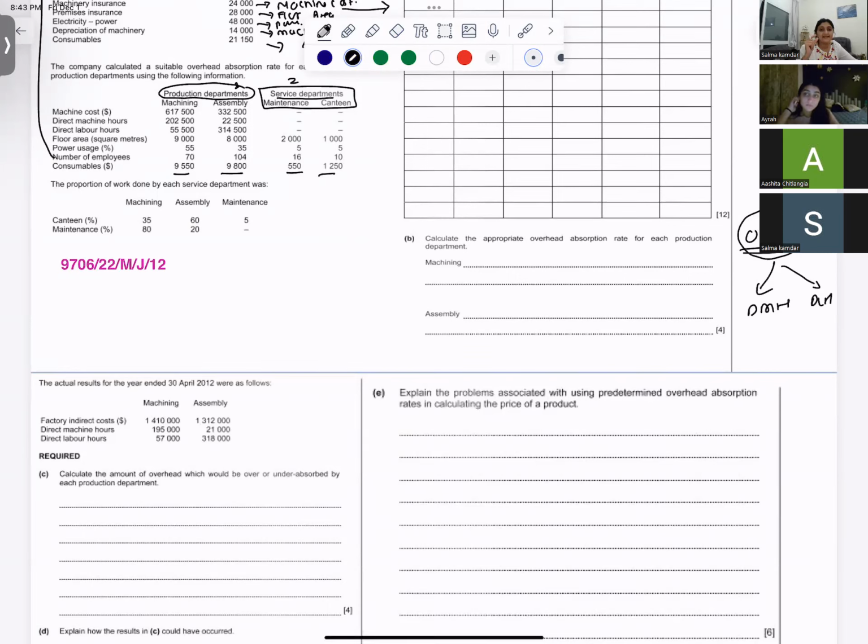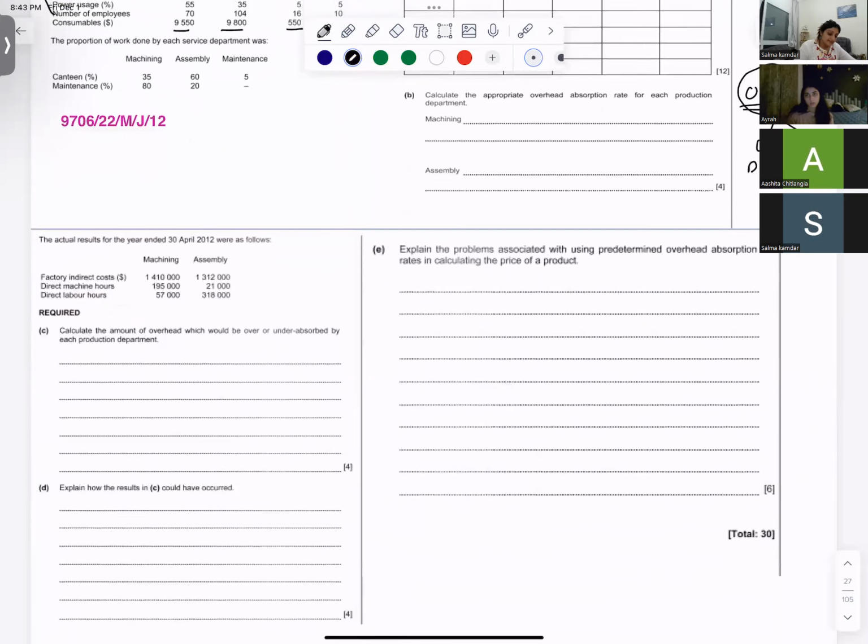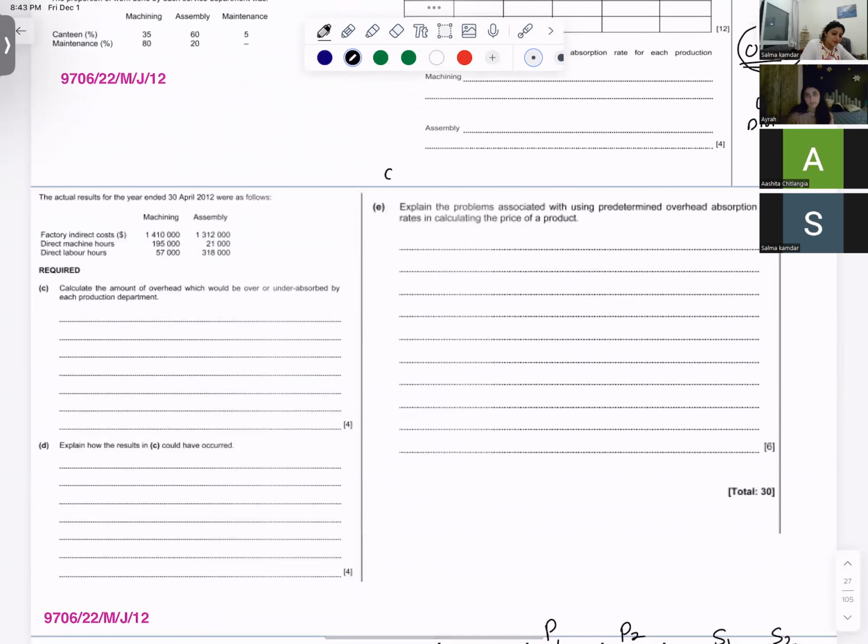You will get a rate that you will charge to that product each hour when it is in that particular department. Are you with me? Then they will ask you to find out whether you have over absorbed or under absorbed. What do you mean by absorbed?